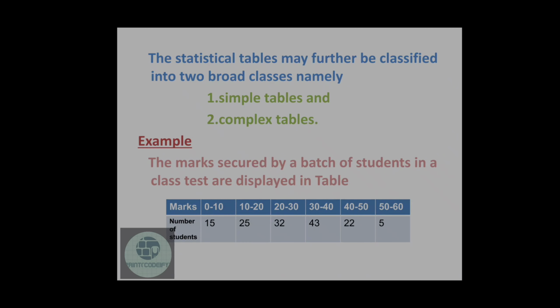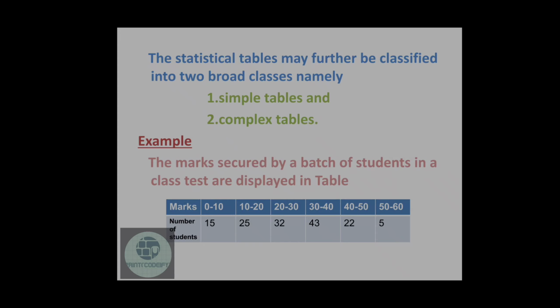The statistical tables may further be classified into two broad classes, namely simple tables and complex tables. A simple table summarizes information on a single characteristic and is also called a univariate table. Example: the marks secured by a batch of students in a class test are displayed in this table.